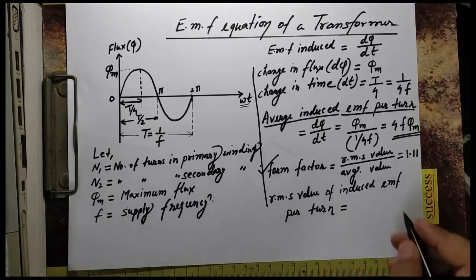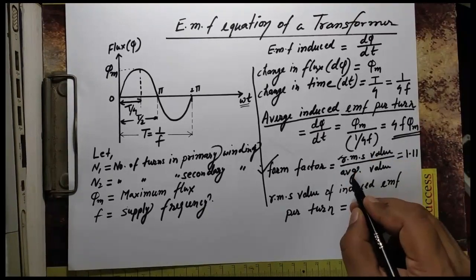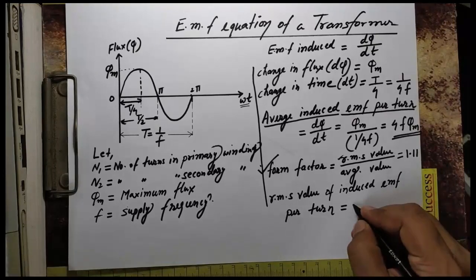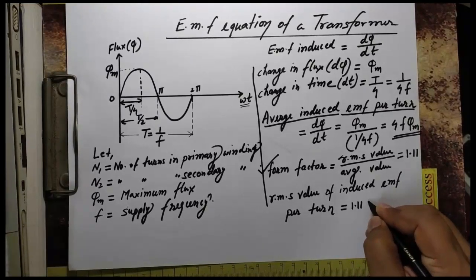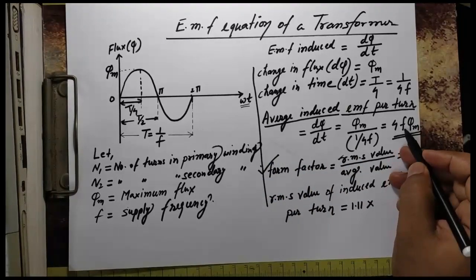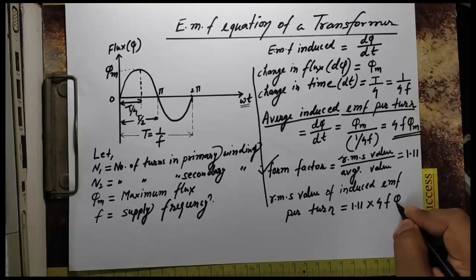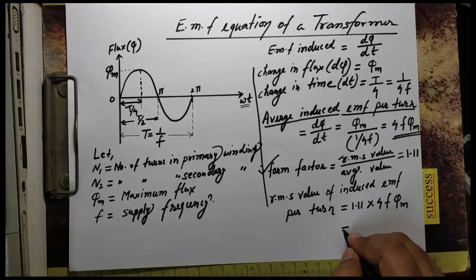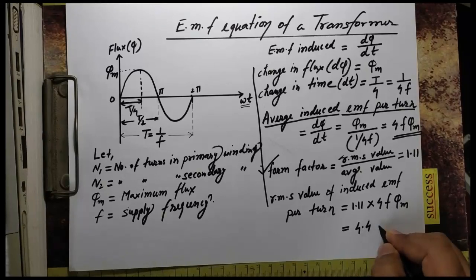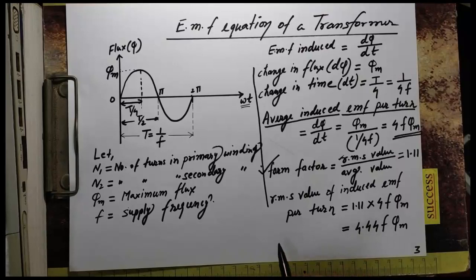It will be equal to 1.11 into the average value. Now what is the average value? Average value is 4f phi m. So it will give us 4.44 f phi m. This is the RMS value of induced EMF per turn. The formula is for per turn.